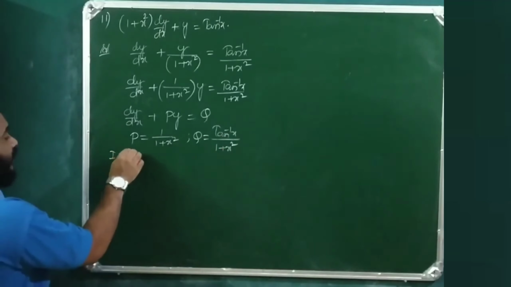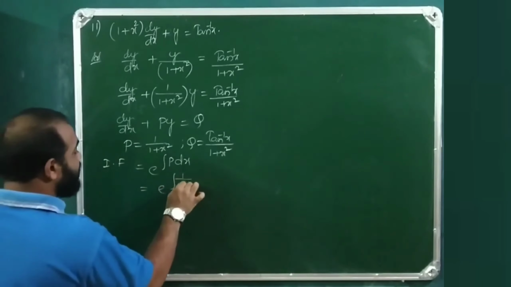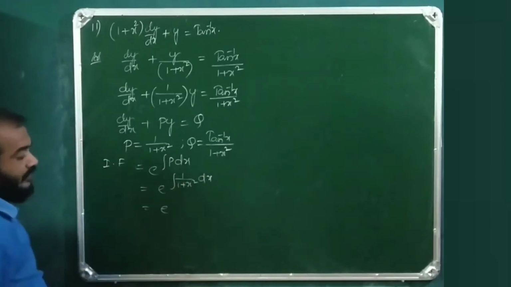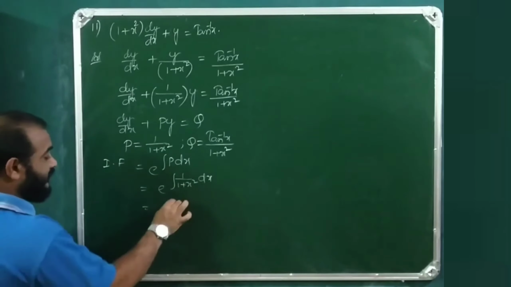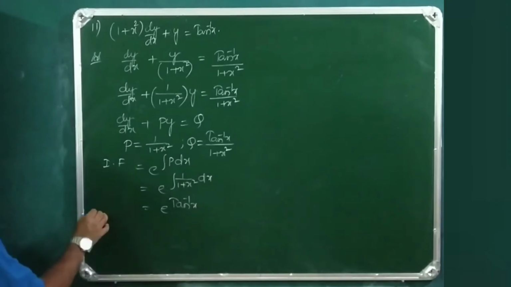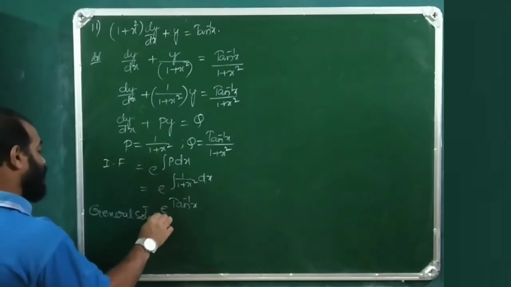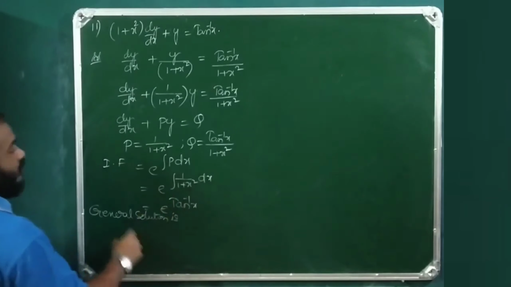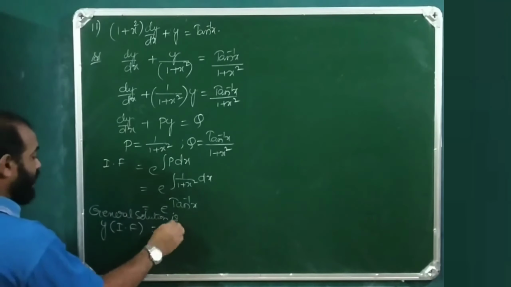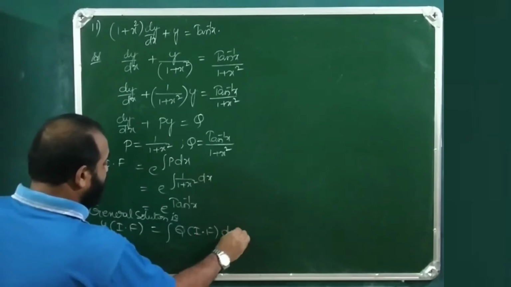The integrating factor is e power integral of p dx, where p is 1 by (1 plus x square). So e power integral 1 by (1 plus x square) dx is e power tan inverse x. So the general solution now is y into integrating factor equals integral q into integrating factor dx.